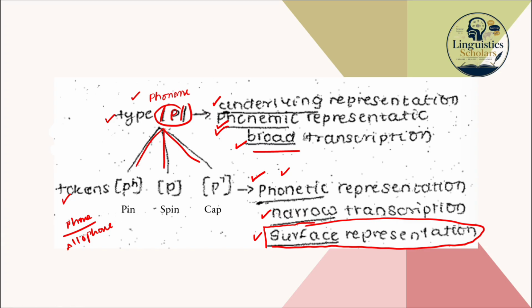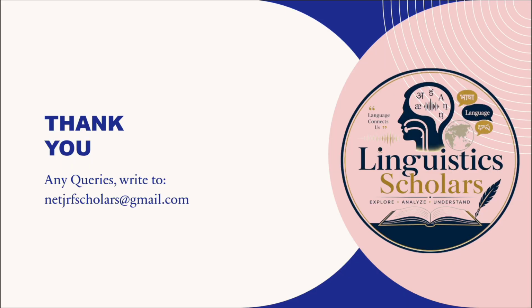But when you transcribe any text with the allophones, using the tokens, such transcription is called narrow transcription, as you are accounting for very small features as well. So this is all about phoneme, phone, and allophone.